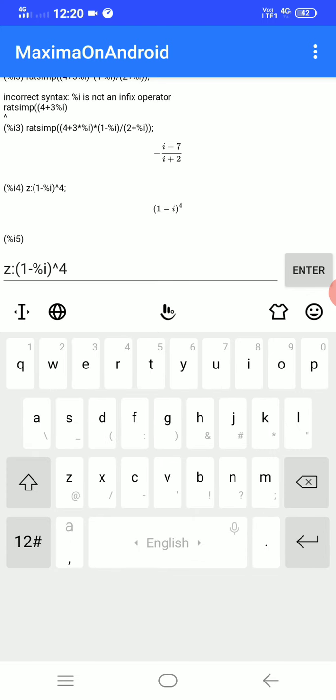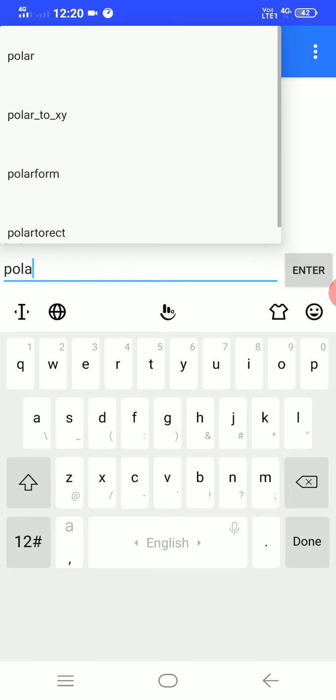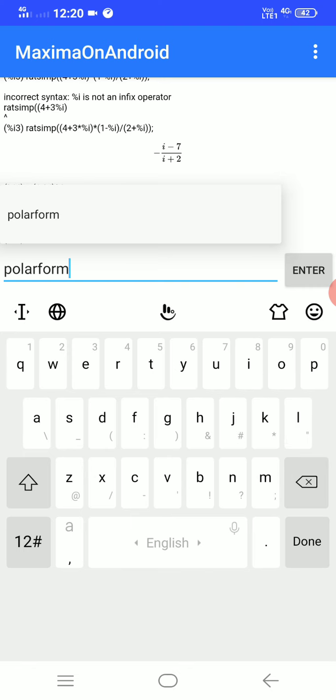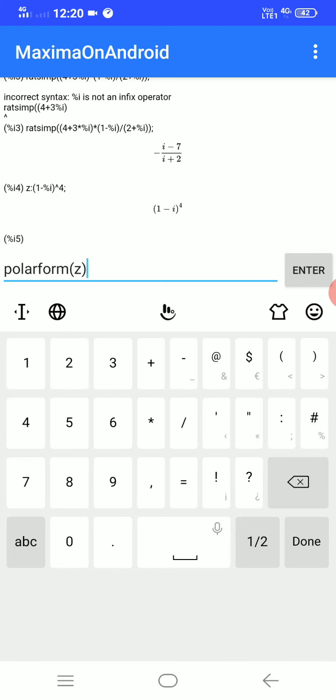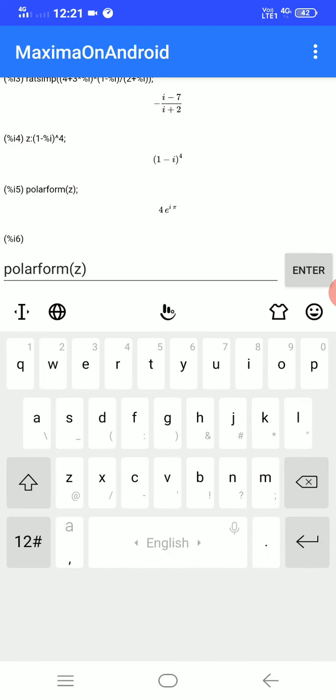We assigned the value of z as (1 minus i) raised to 4. We have to find the polar form of z, so using the syntax polar form of z, then enter. We get the output: the polar form of z is 4 e raised to i pi.